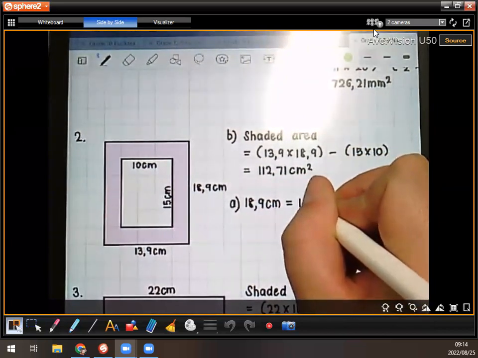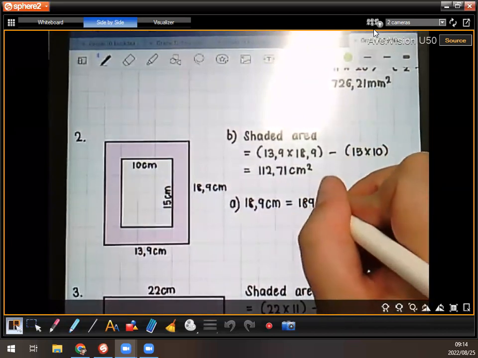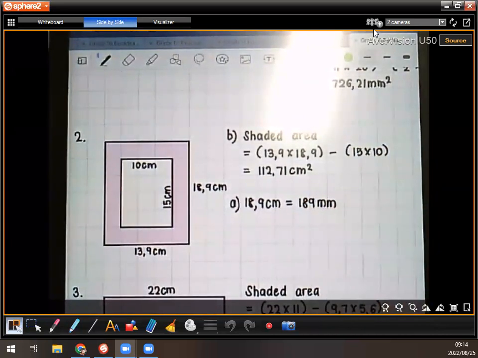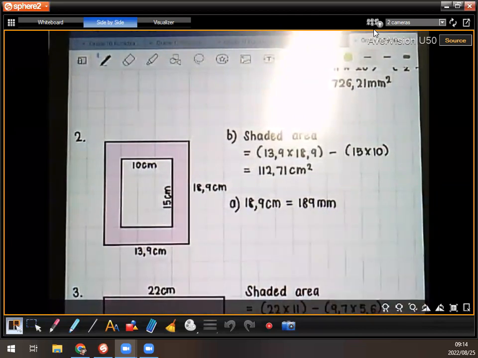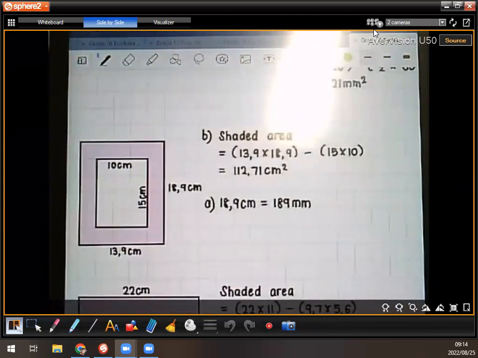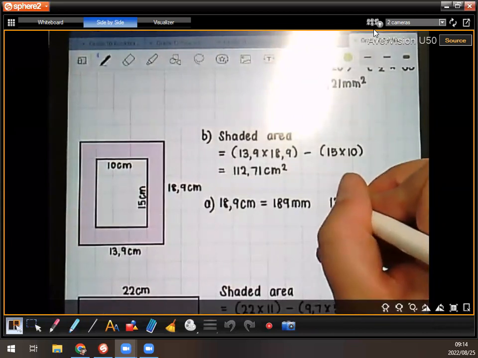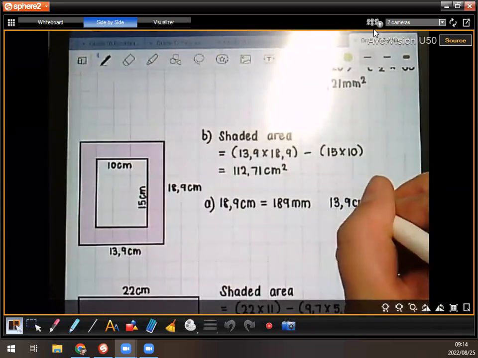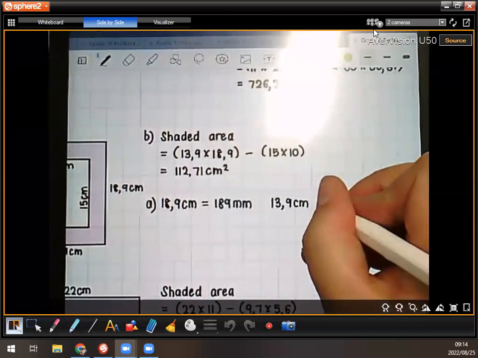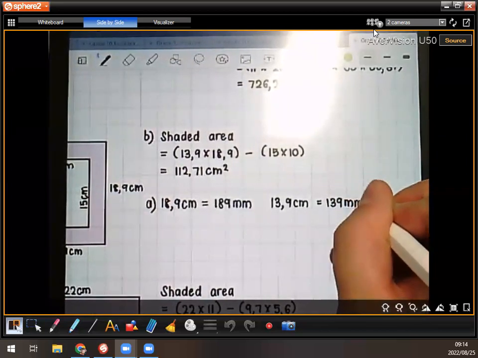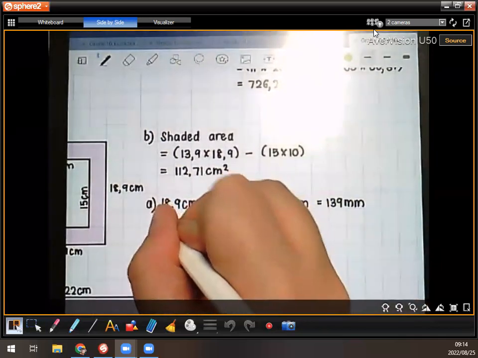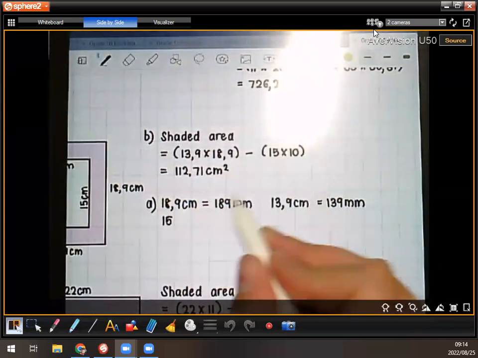189. Hey, how many millimeters are there in 1 centimeter? 10. Okay, so you will have to multiply that by 10 to get it. Then it's the same for all the others. 13.9 centimeters is going to be 139 millimeters. 15 centimeters, so these are now the outer dimensions, right?